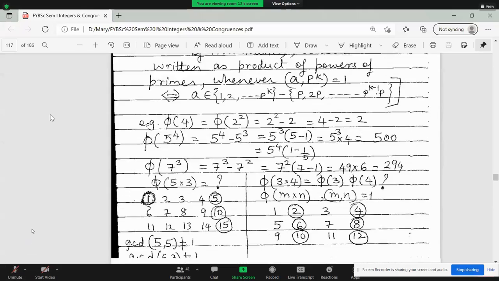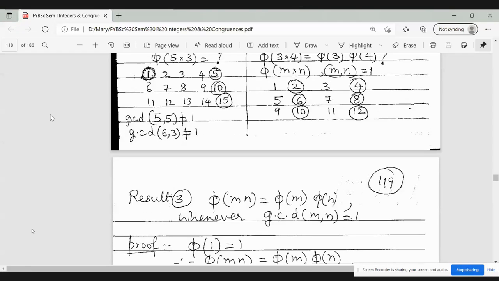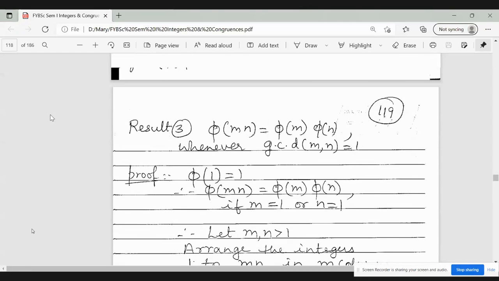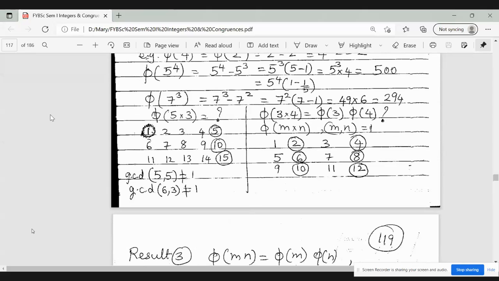We want to look into the proof of this theorem, like it's explained here. Also again, phi of 5 into 3, so what do you do? 1, 2, 3, 4, 5 you write, then 6, 7, 8, 9, 10, then 11, 12, up to 15.